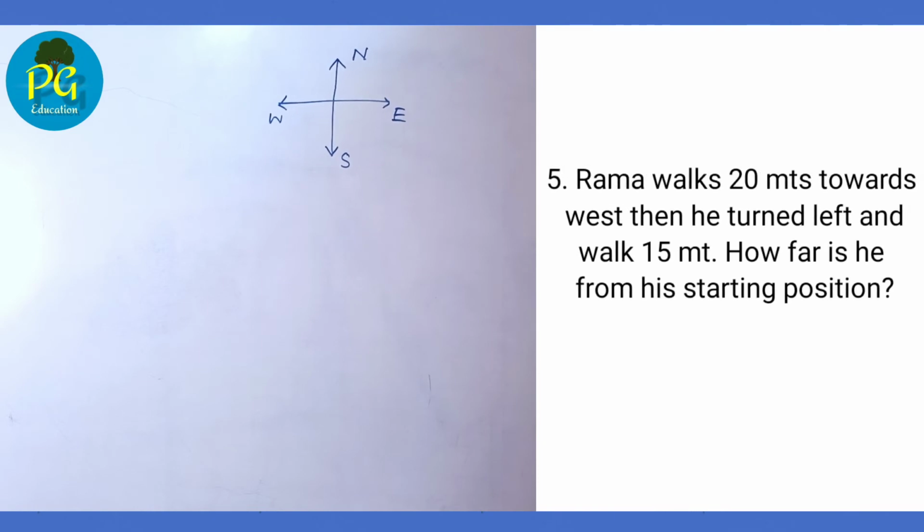Question number 5. Rama walks 20 meter towards west. Then he turns left and walks 15 meter. How far is he from his starting position?